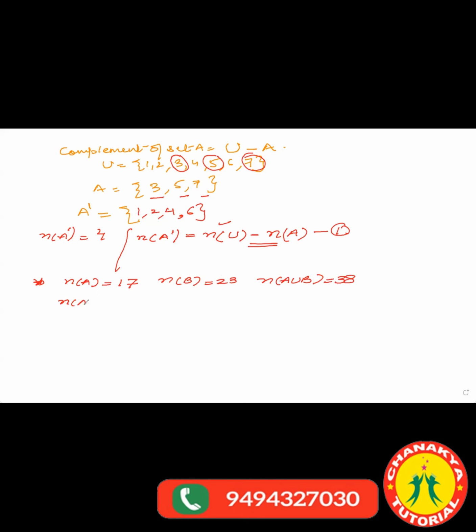Then if you are asked to find the number of elements in A intersection B, for this type of question you have this formula: n(A union B) is equal to n(A) plus n(B) minus n(A intersection B).